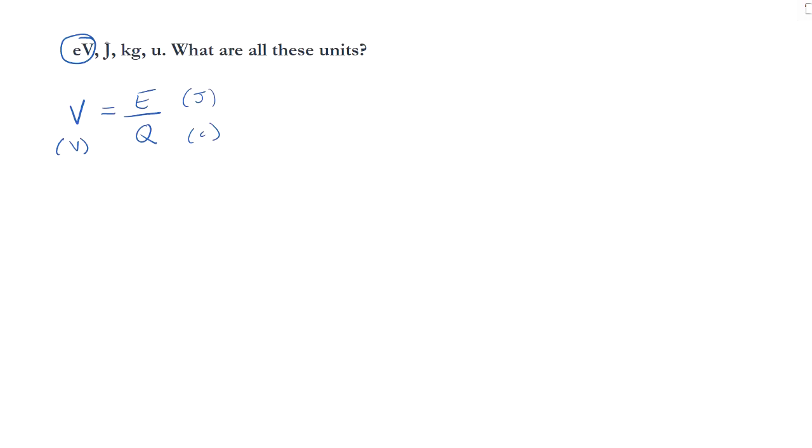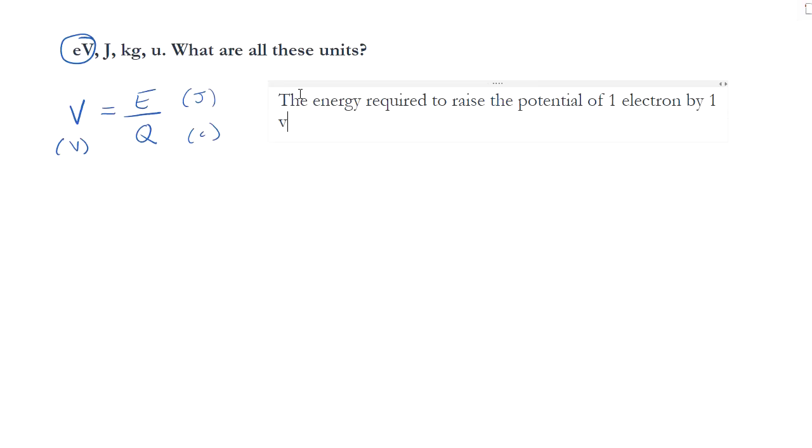So you could say that 1 electron volt is the energy required to raise the electric potential, to raise the voltage of 1 electron by 1 volt. Yeah, that's so obviously clear, right?